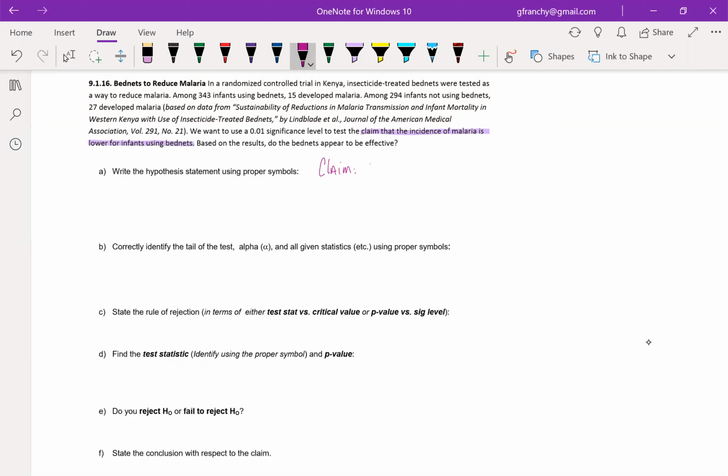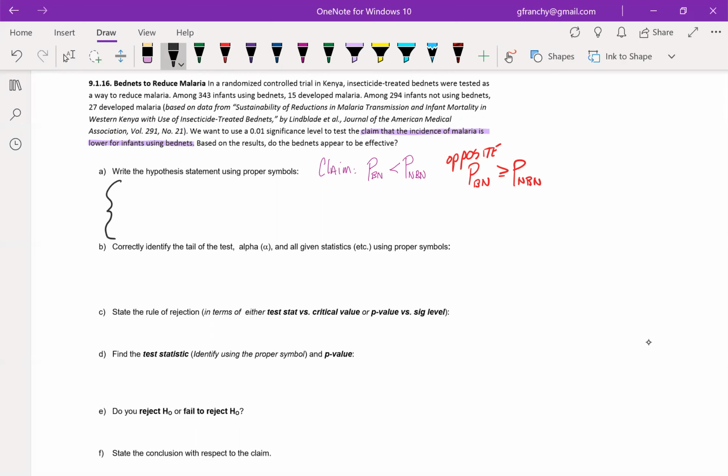So translating it, the proportion that get malaria using bed nets would be less than the proportion that get malaria not using bed nets. And the opposite of that would be the greater than or equal. So we identified the claim, we identified the opposite.